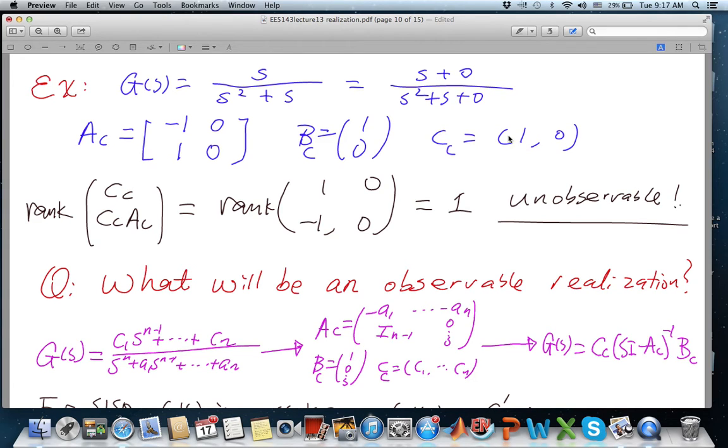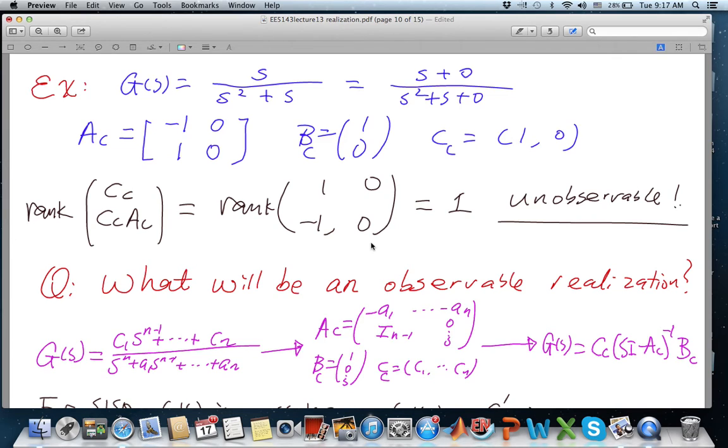So we have verified this is a controllable realization. So let's look at the observability rank. If we check the rank of C, CA, CA squared, because it's 2 by 2, I only need to check C and C times A. So C is 1, 0, C times A will give me -1, 0. You can see that the rank of the system is going to be 1. So with this controllable realization, my system representation is not observable.